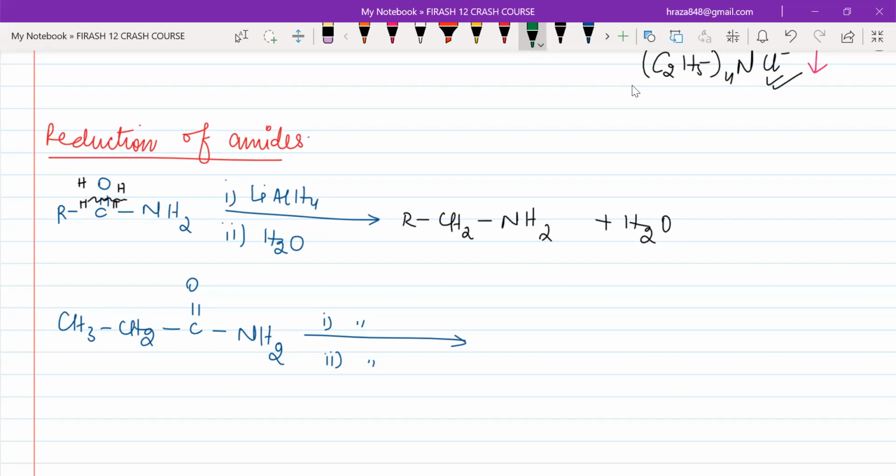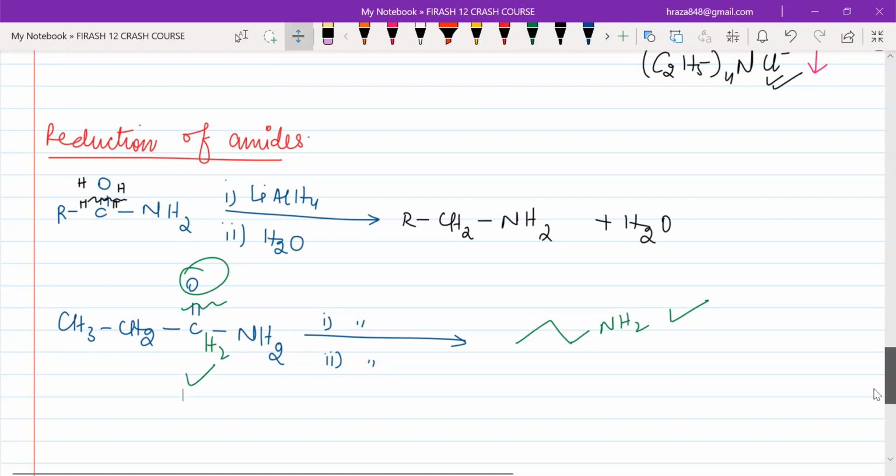So propanamide again. Yeah, it will be propanamide like this, right? This will be converted into CH2 and this will be converted into CH2. Very good. So can I change the slide? Yes.